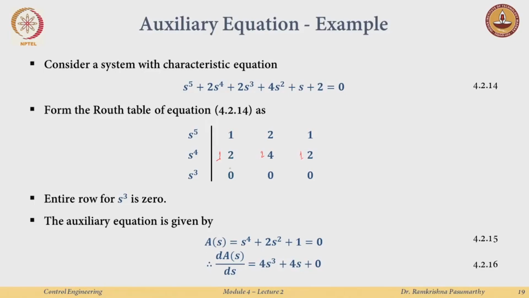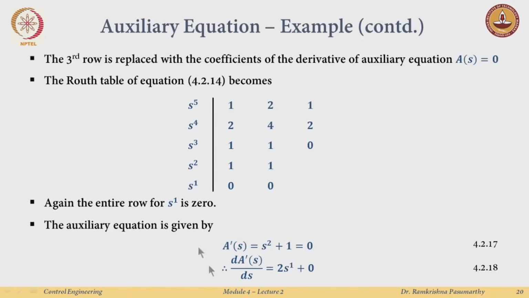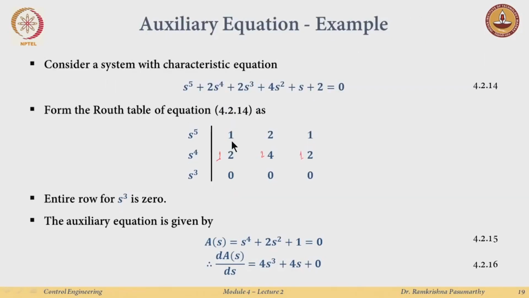So, you have S4 plus 2S square plus 1 equal to 0. It will be the same even if you write 2S4 plus 4S square plus 2 equal to 0. I just take the 2 factor out and then I differentiate, dA by ds would give me 4S cube plus 4S plus 0.